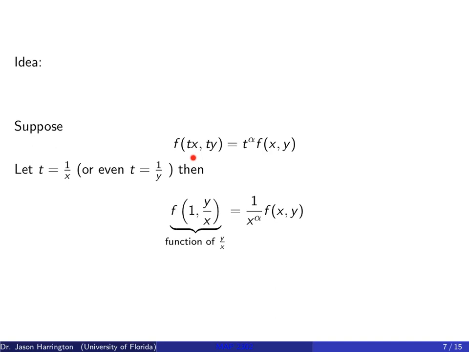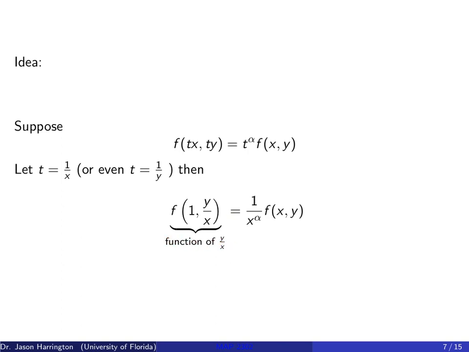All right, now the idea behind why this actually works is pretty simple. Suppose that we do have a function where I can put in t, tx and ty, and I can factor out a t to the alpha. Then if I let t be 1 over x, the first one becomes just 1, and then this becomes y over x, which is now a function of just y over x.